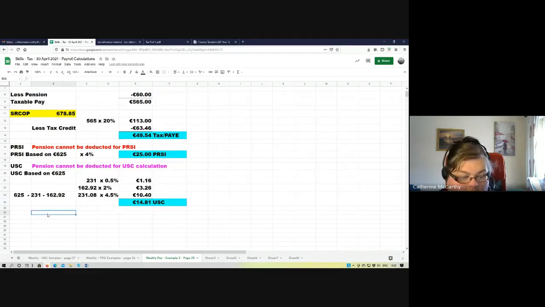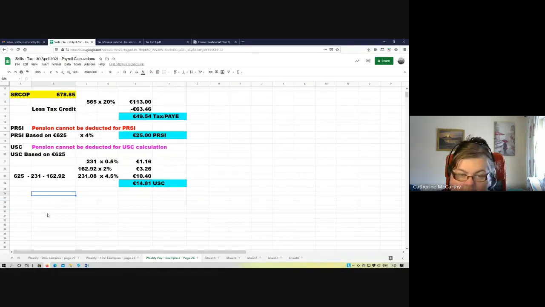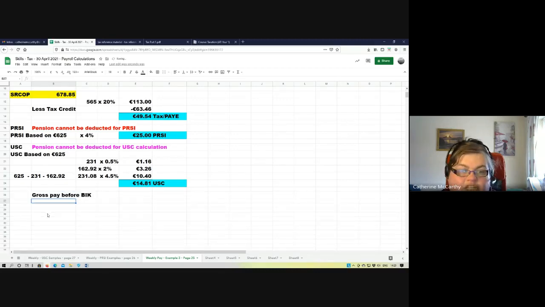Okay, and then we must work out our net pay. So it'll be our gross pay before the BIK. Because remember, BIK is what they call notional pay, in that it's only what you're being taxed on for the use of the company car. It's not actual money you're receiving.